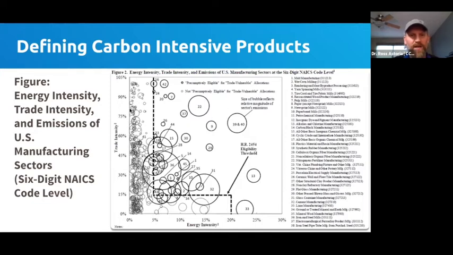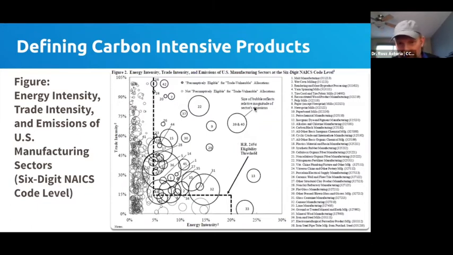The dotted line is the cutoff points where we identify something as trade exposed or emission intensive. Everything to the north and the east of the dotted line is a carbon intensive good. The size of the bubble is the amount of emissions.